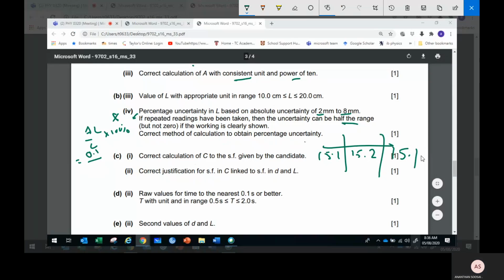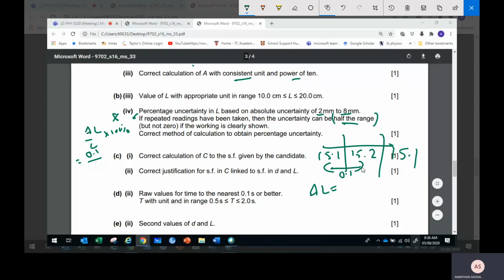So the uncertainty, they say what? Half the range. How much is the range here? Range of your value, how much? 15.2, 15.1, range is 0.1, correct?